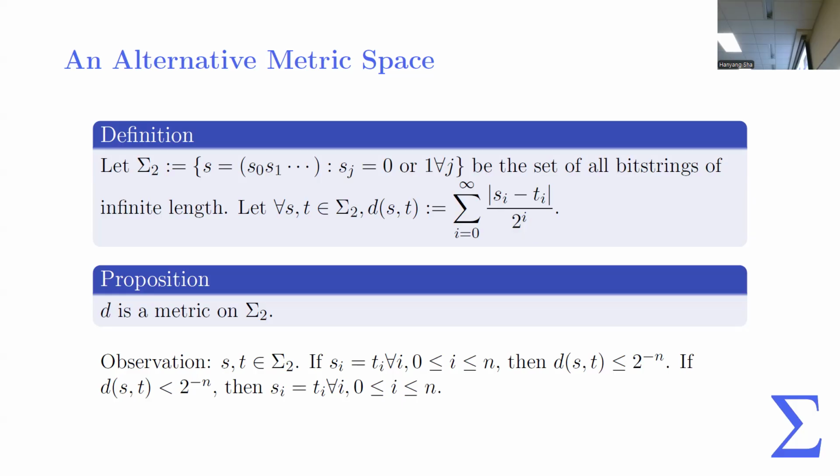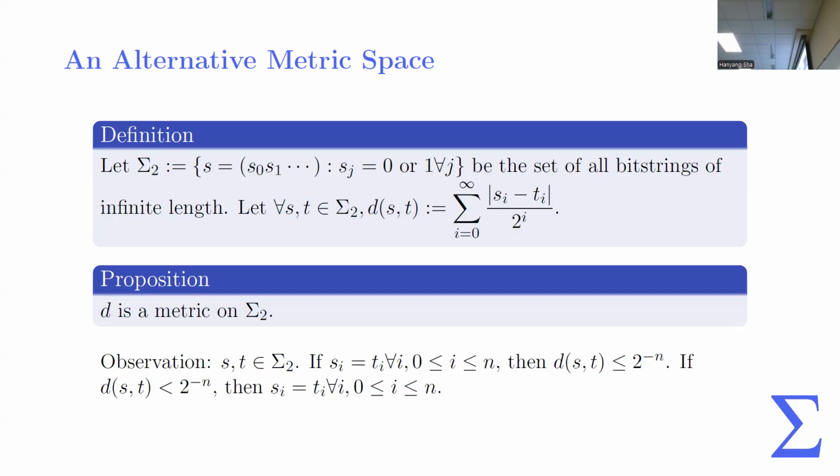If we have two elements in sigma 2, s and t, and the first n terms, the zeroth index to the nth index, all agree, then the distance between them is bounded by 2 to the negative n. You can easily check this by taking the geometric series from the n plus 1 term to infinity.